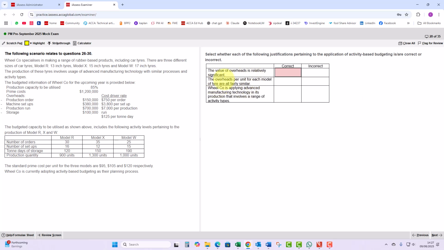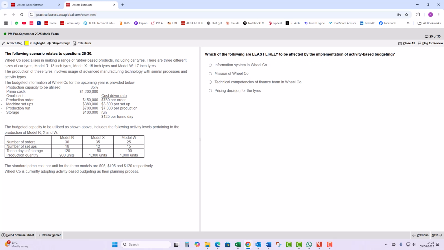If it was the case that the overheads per unit were similar, then that's less of a justification for ABB, so that one's incorrect. And finally, Wilco is applying advanced manufacturing technology in its production that involves a range of activity types. What that means is it's much less likely to be a labour-intensive production line because it's using advanced manufacturing. That means these costs all go into overheads, so then ABC becomes more justified.